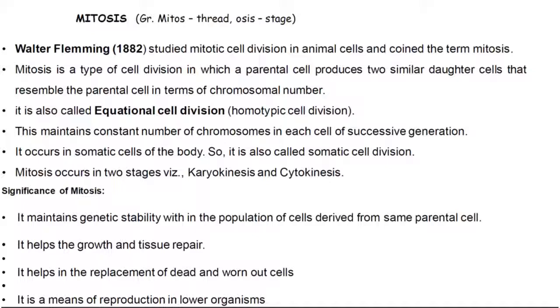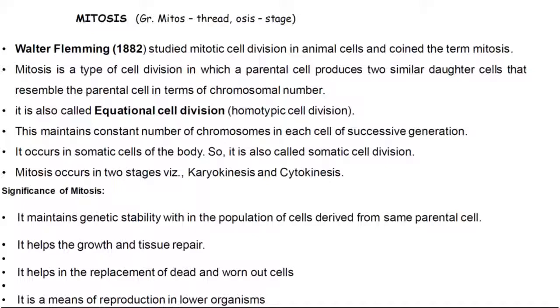This is a type of division in which the parental cell produces two similar daughter cells that resemble the parental cell in terms of chromosomal number. It is also called equational division or homotypic cell division. It maintains a constant number of chromosomes in each cell of successive generations. It occurs in somatic cells of the body, so it is also called somatic cell division.